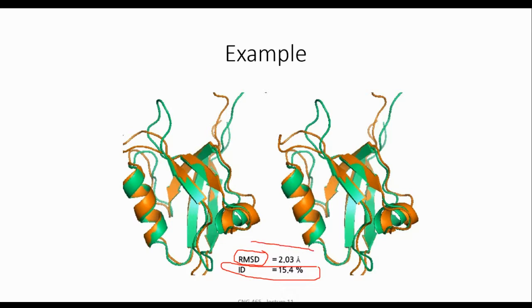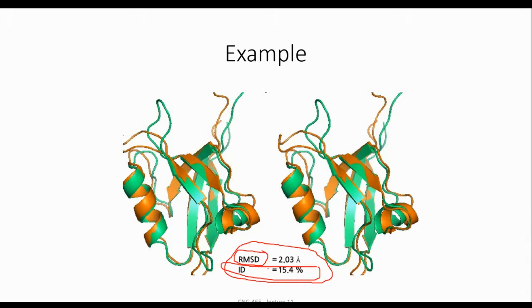Both of these measures are important, because sometimes proteins happen to be very similar in terms of structure, but their primary structure is not that similar, like this one. It just has 15% similarity, but you can see the structures are pretty much the same.